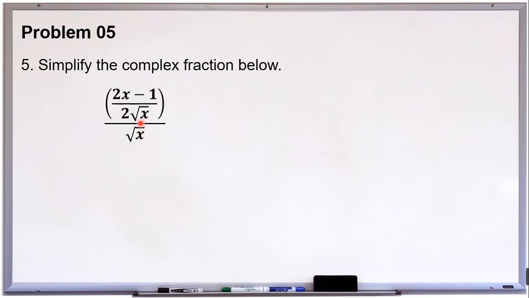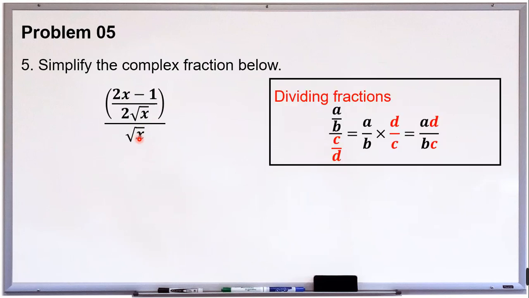So here we have a single fraction in the numerator and an expression in the denominator. To simplify this one, we're going to follow another rule in algebra, the dividing fractions rule. If you have two fractions, A over B and C over D, and the operation is division, the step is to proceed to multiplication, but make sure to take the reciprocal of the denominator.